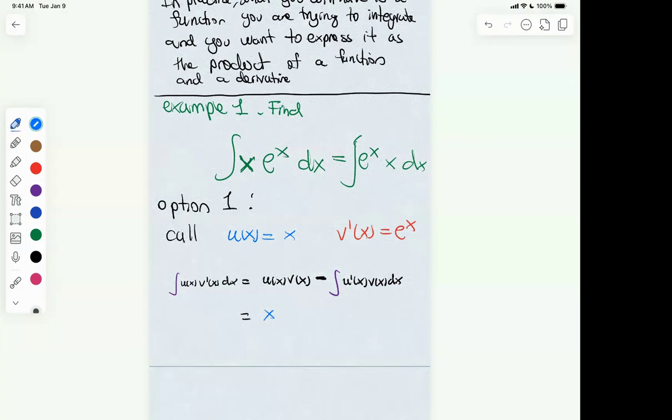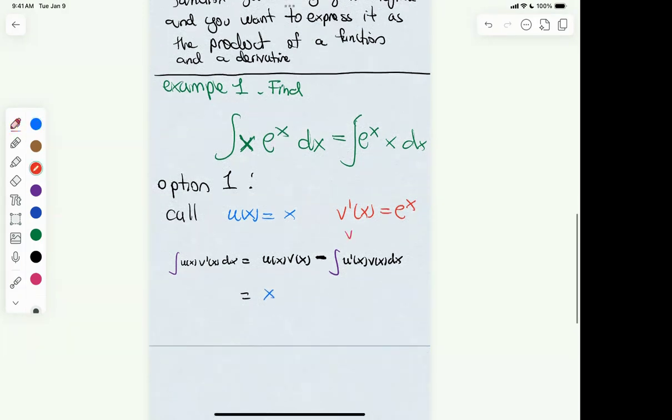In this case it's a convenient accident. If V prime is e to the x, V of x is also e to the x. And if U of x is x, then U prime of x is 1. So in this case, you get U times V, which is x times e to the x.